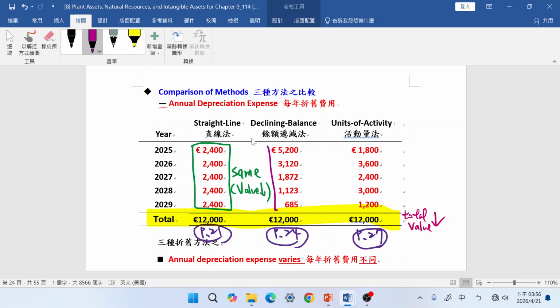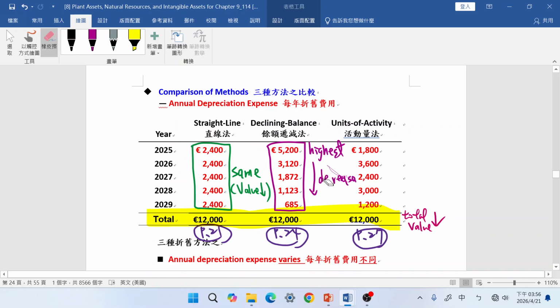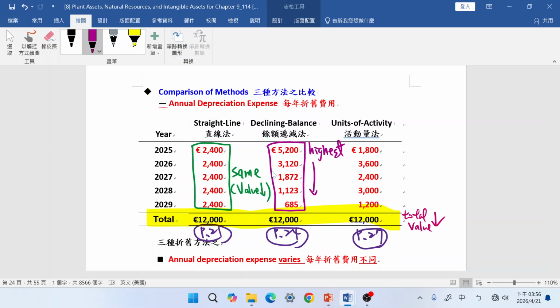So when you are the young guy, in the first year we will do a lot of activities, so your value will be decreased the highest, then decreasing to the last year. Last year, we don't want to do anything, so our value will be decreased the lowest.